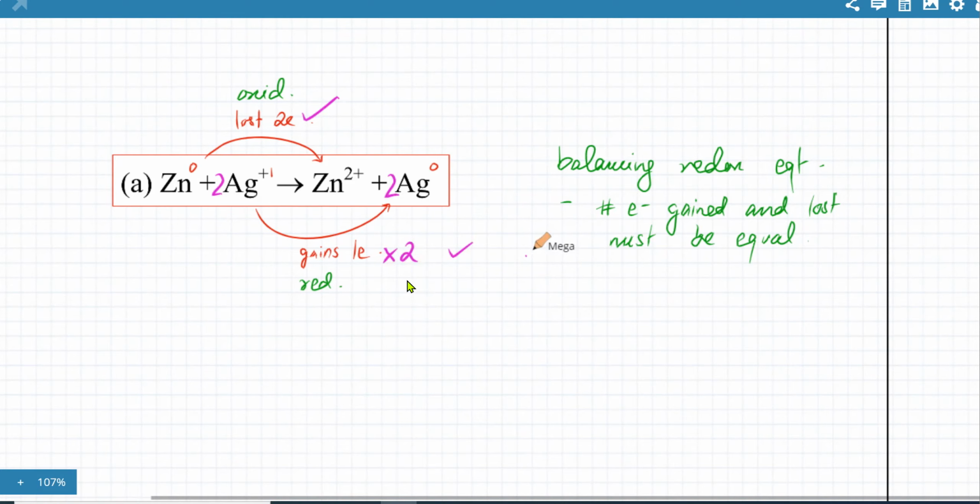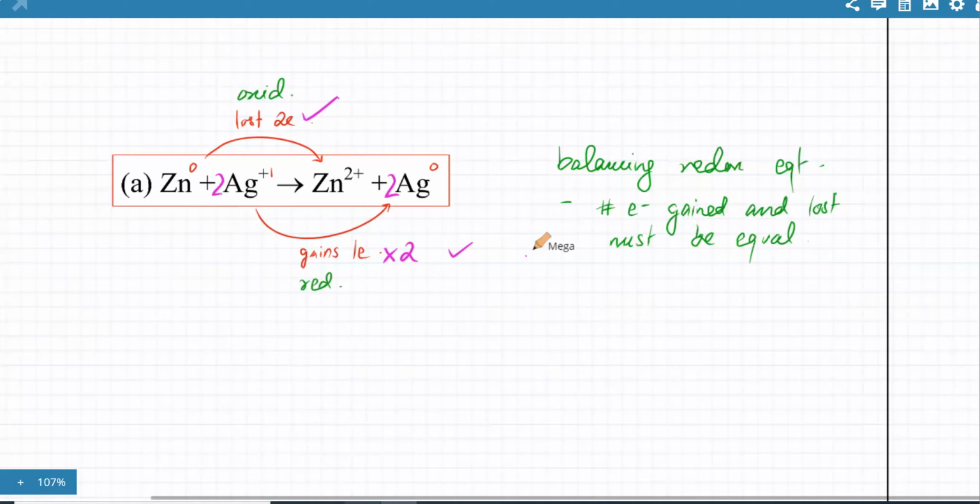Okay, so remember that in a redox reaction you have to balance the number of atoms on the left and right side, but more importantly, the number of electrons lost and gained must also be equal. If zinc loses 2 electrons, you have to multiply silver with a number so that the number of electrons gained also becomes 2.